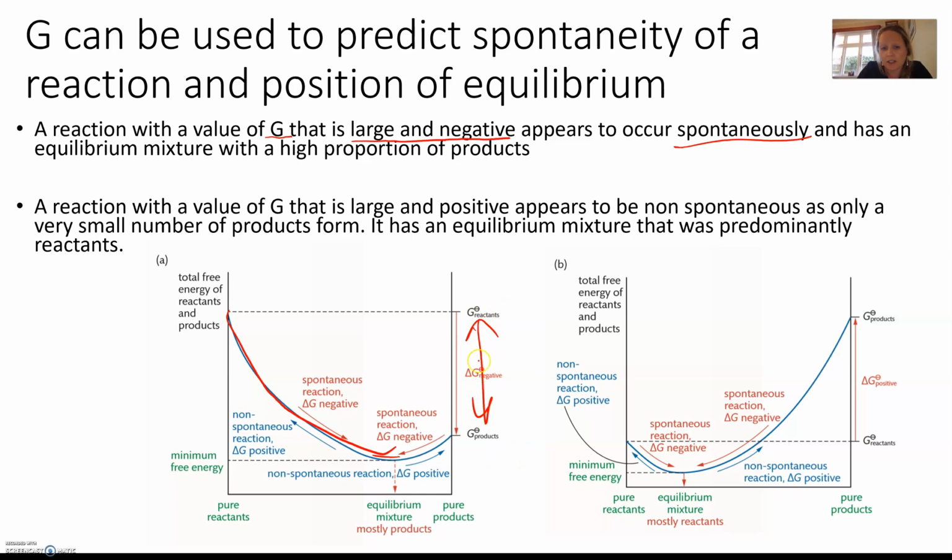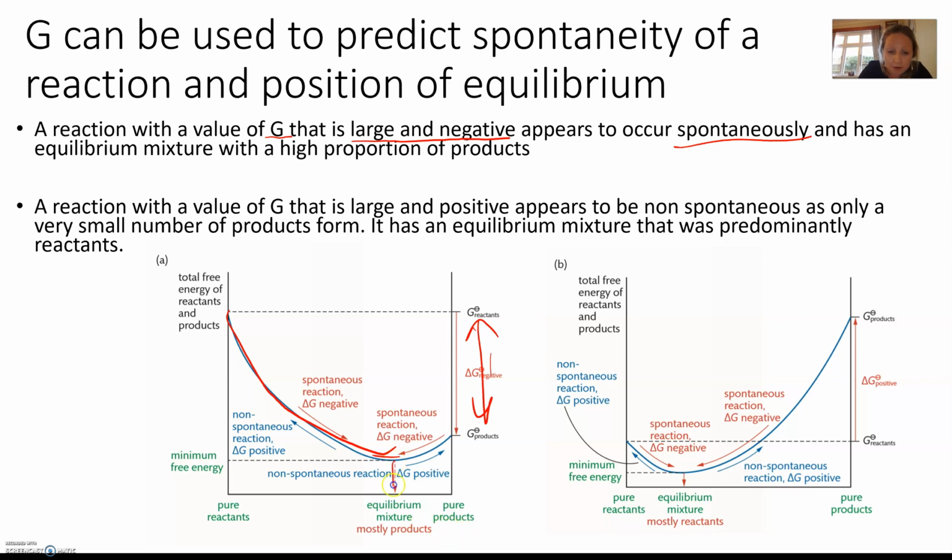So this value here is large because there's a big gap. A large gap here, a large negative G, spontaneous reaction, okay?